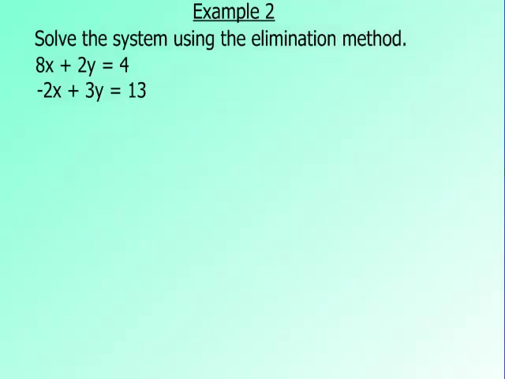All right, so I'm going to cancel out the y. So I have a 2 and a 3. I'm going to think, okay, what is the least common multiple, the LCM, between 2 and 3? Well, that's going to be 6. 6 is the smallest multiple 2 and 3 both go into. So I'm going to ask myself, what do I want to multiply with 2 to get 6? I'm going to multiply by 3.